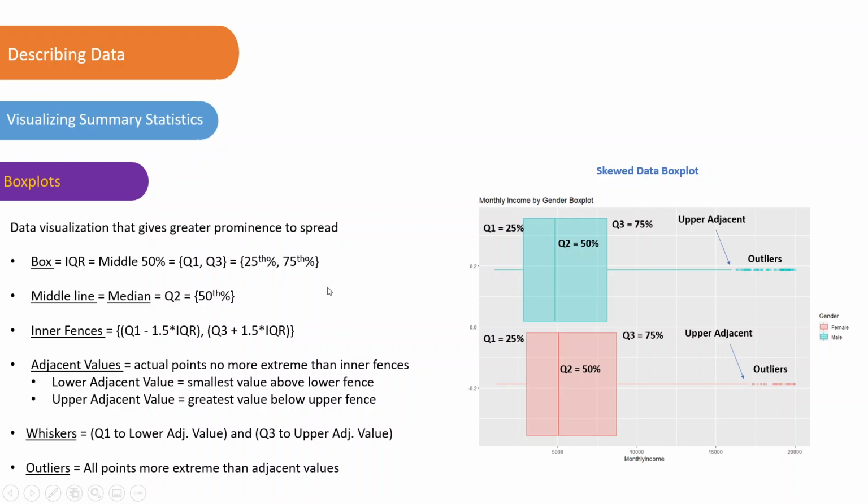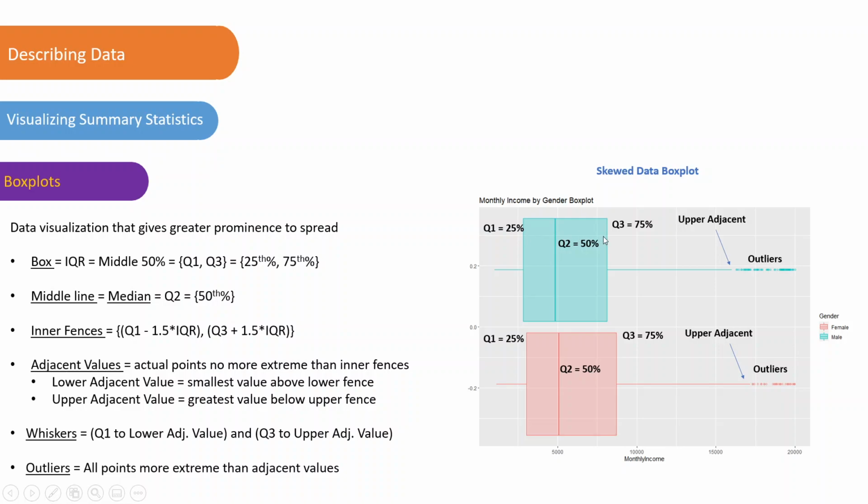Okay, well, then we have this notion. First, I'll talk about this notion of inner fences. Imagine that you start at Q1 and then you go out 1.5 times whatever your interquartile range was. Our interquartile range, remember, is the range of Q3 to Q1.